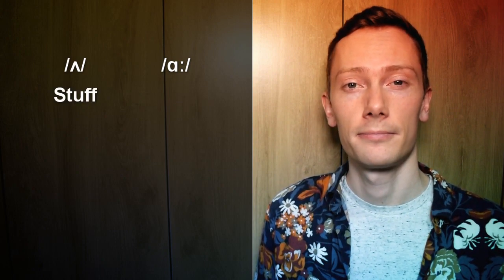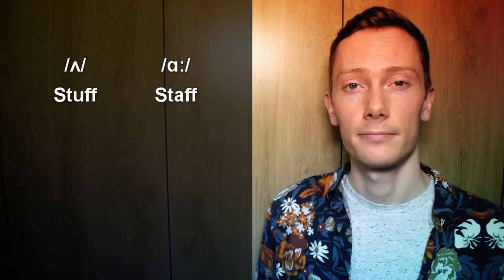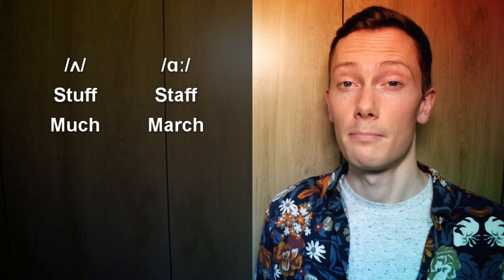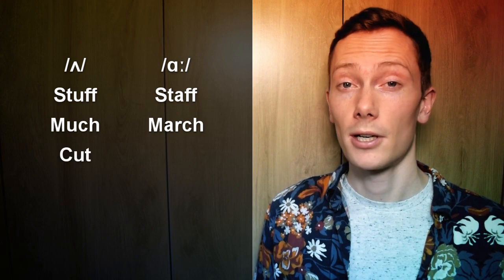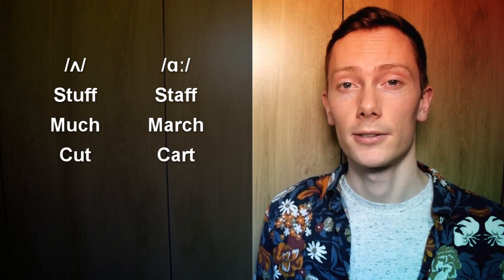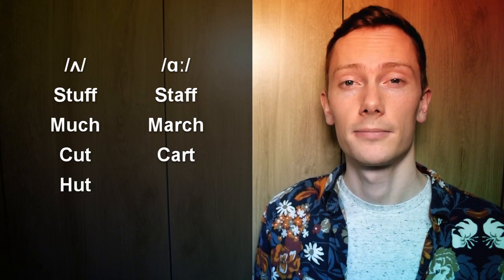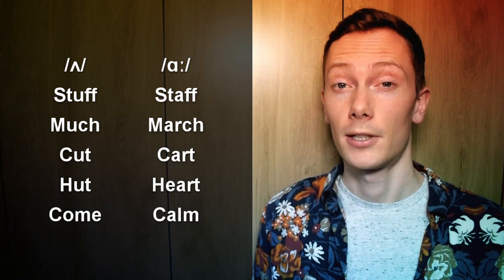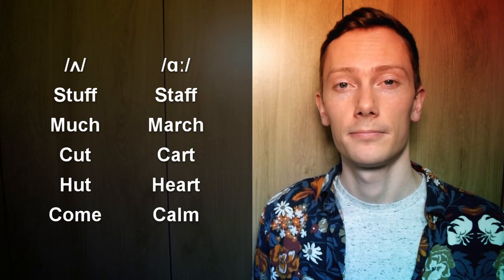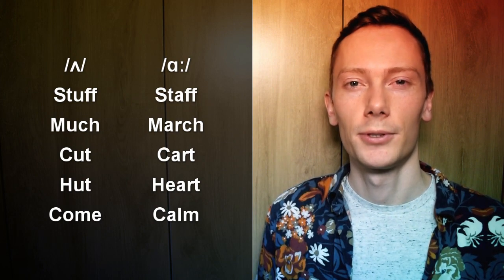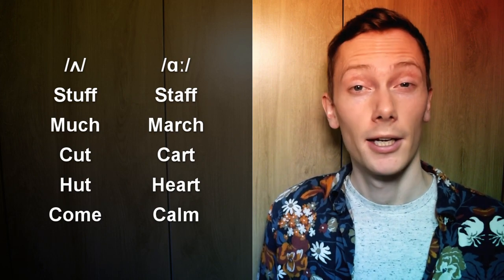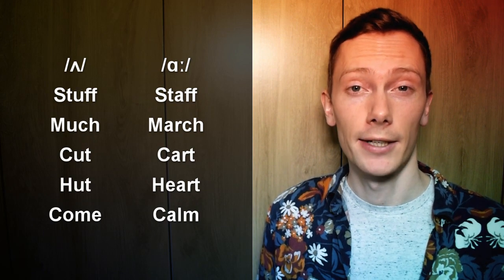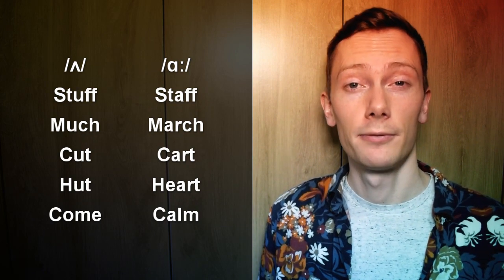It can be especially difficult to hear the difference in minimal pairs such as stuff, staff, much, march, cut, cart, hut, heart, come, calm. Luckily, these two sounds don't share many common minimal pairs, but you should remember to use the correct vowel length to distinguish these two sounds in conversation.